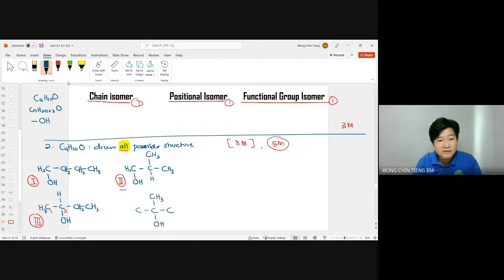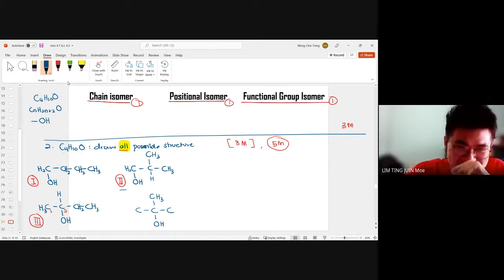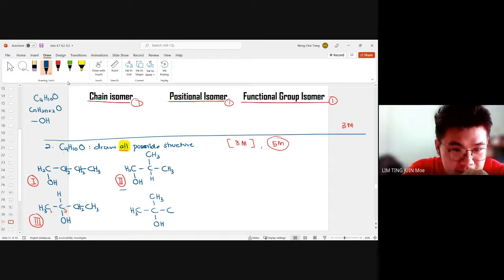Lim, the 2 carbon left, how many hydrogen each? Forgot to open mic, sorry. The first one is 3. The second one remain. Then the third one above the second one is 3.